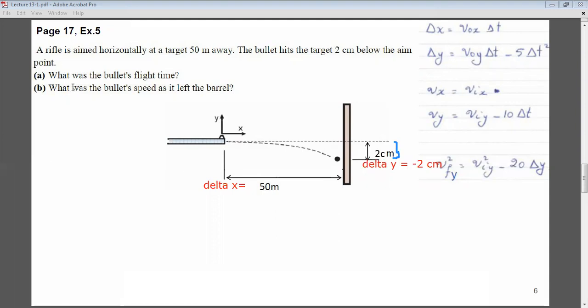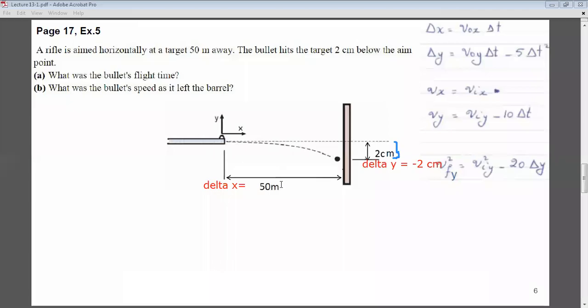What was the bullet's flight time? What does it mean, flight time? Flight time is the time during which the bullet took to reach the wall. So this is flight time.